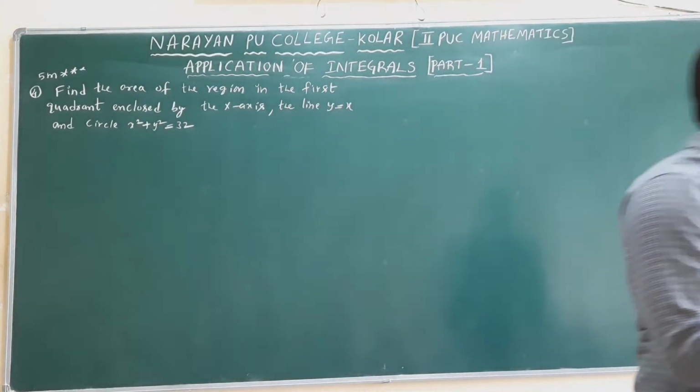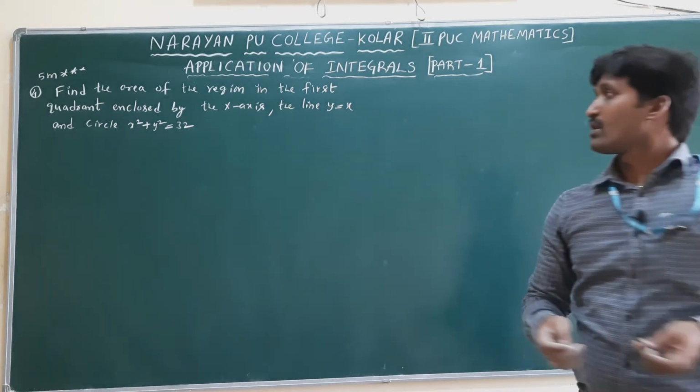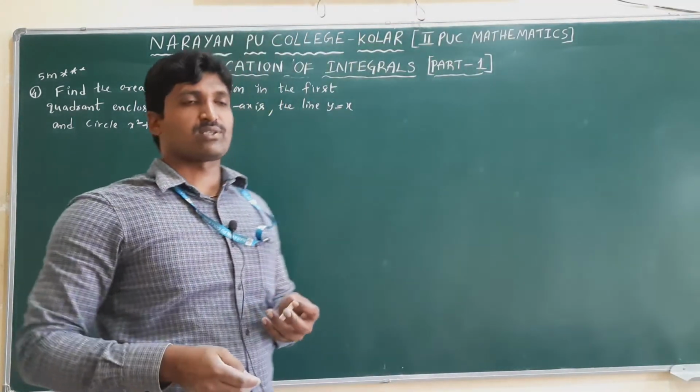Now, area between the x-axis, y equal to x and the circle x square plus y square equal to 32.